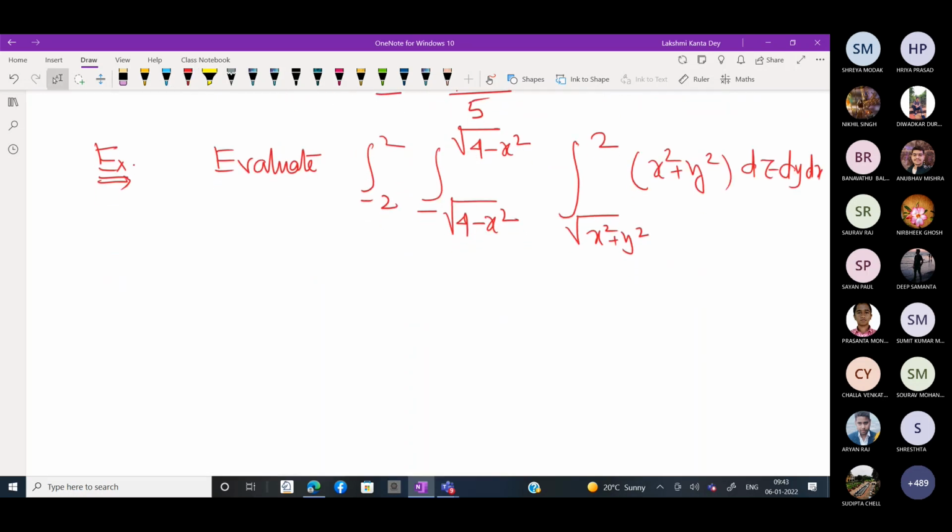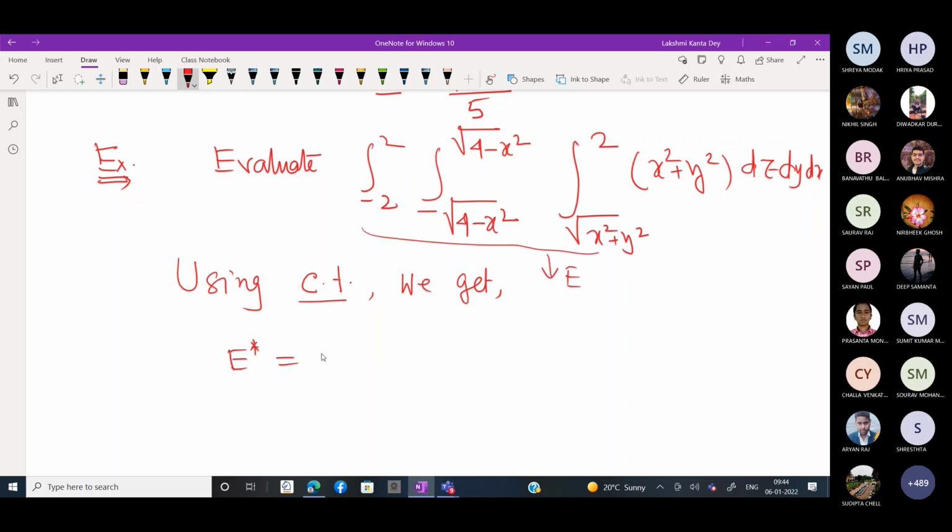We can use simple integration to calculate it without using change of variable. But still, if we use cylindrical transformation, we get what we get. Suppose this part is your E. So what will be E star in cylindrical coordinates? It is r, theta, z.